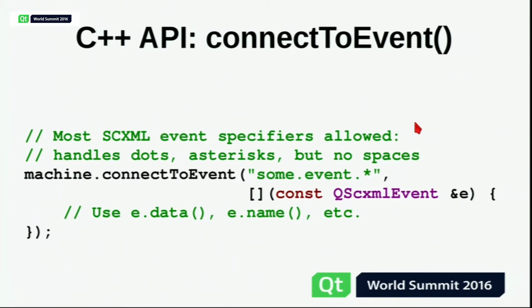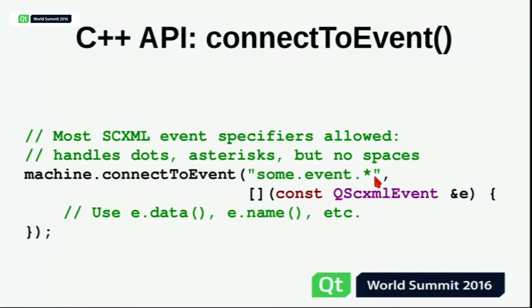Same way you can connect to an event. The string you see here is an event specifier. That's actually something from the SCXML specification. Events can be nested, same as states. So you can have one very generic event, which is sum in this case, and then it might be sum.event and sum.event.blah or something.